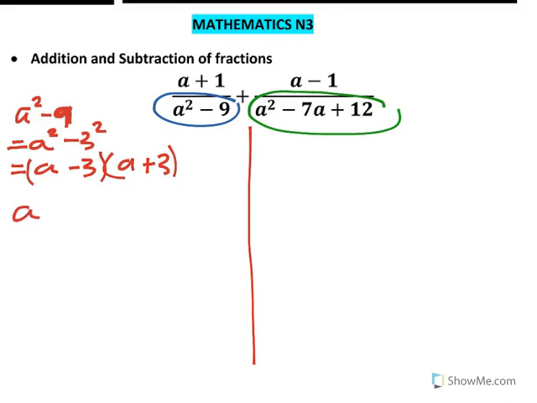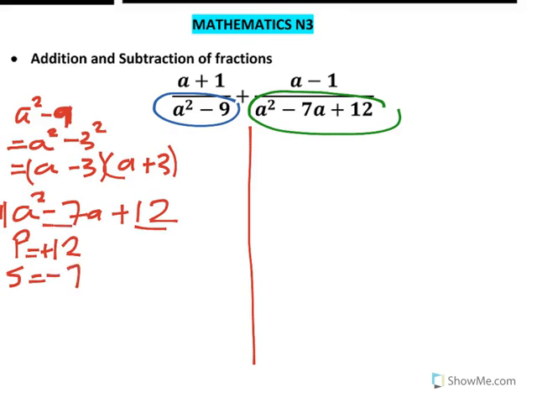What about a squared minus 7a plus 12? If you use the product and sum, remember there is a 1 there. If you multiply 1 times 12, you have a product of positive 12, and the sum is the center number, which is minus 7.